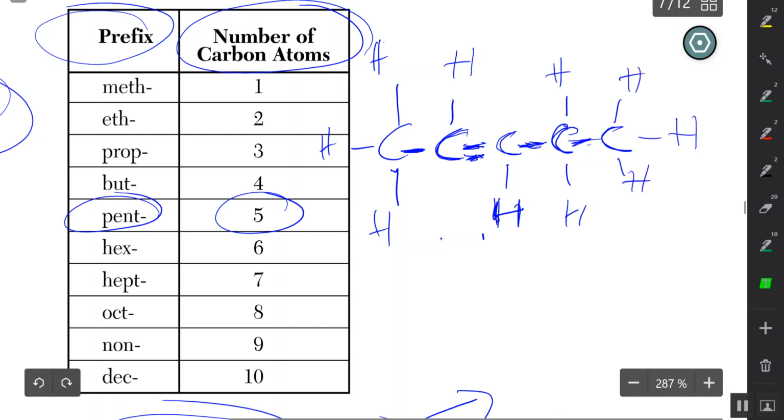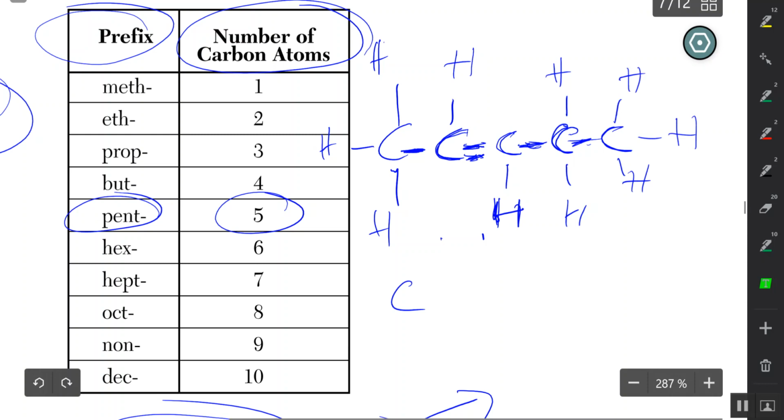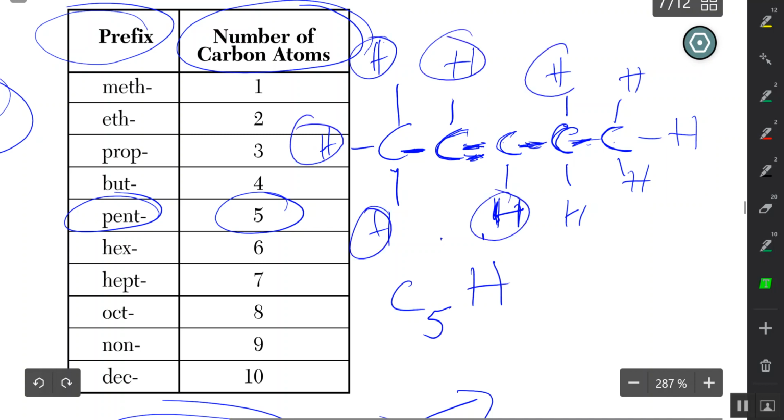Now, if I was actually to write the chemical formula for this, or the molecular formula, it would be C, 1, 2, 3, 4, 5 carbons. H, 1, 2, 3, 4, 5, 6, 7, 8, 9, 10. H10.